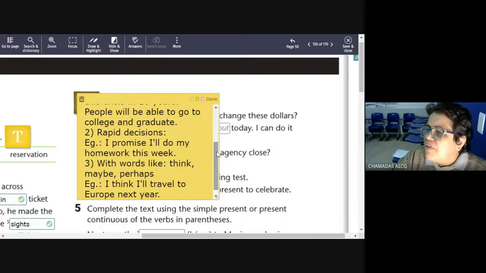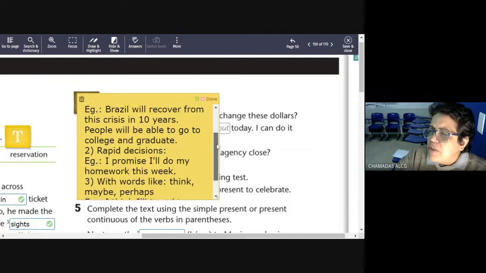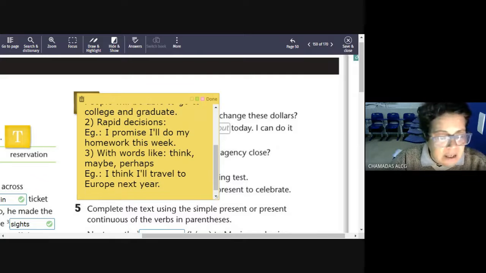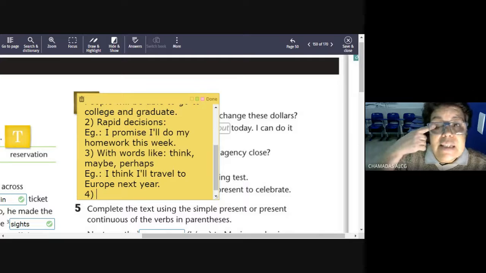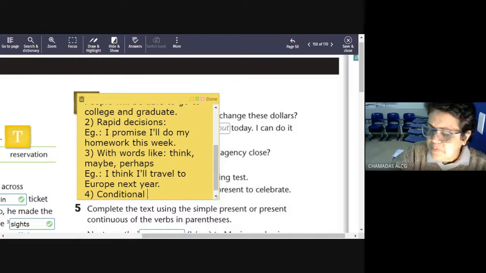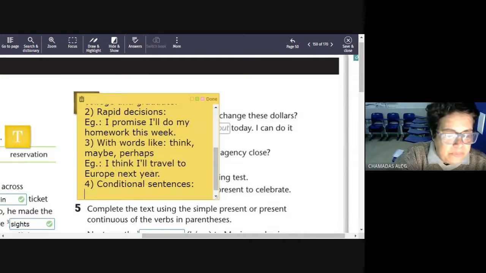So we have here 3 situations when we use will. There is another one when we use conditional sentences, okay? Conditional sentences, they also call for will. Example, let's put here. Example.